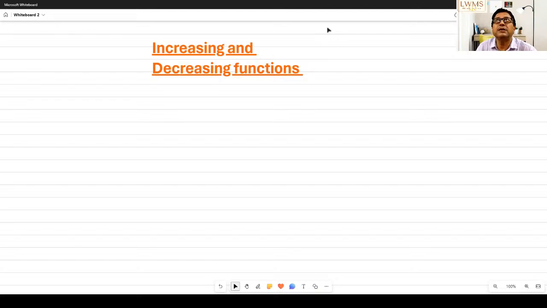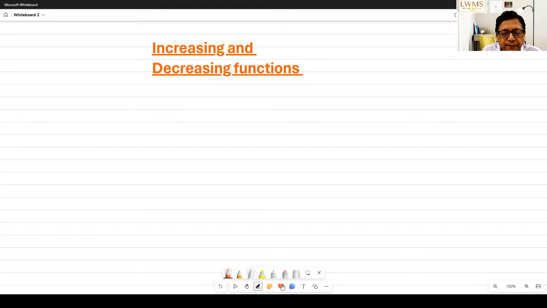So let us start the concept of increasing and decreasing functions. What is an increasing function? Let us proceed graphically first.